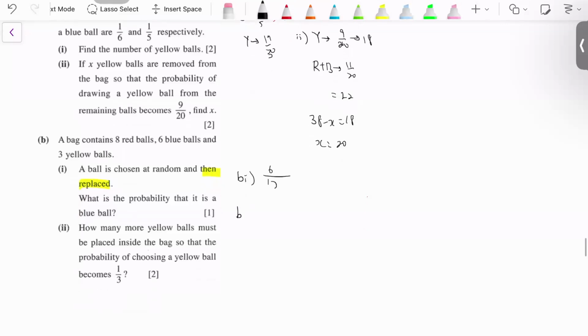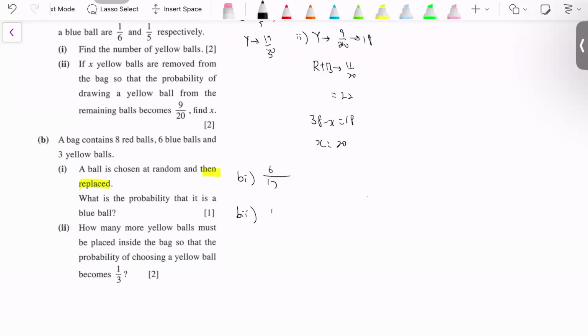Okay? B part 2. How many more yellow balls must be placed inside the bag so that the probability of choosing a yellow ball is 1/3? So we want the probability of choosing yellow ball to be 1/3, which is similar to our A part 2, the change is in the yellow ball. And what we want to look at is the thing that is fixed, which is red and blue balls.